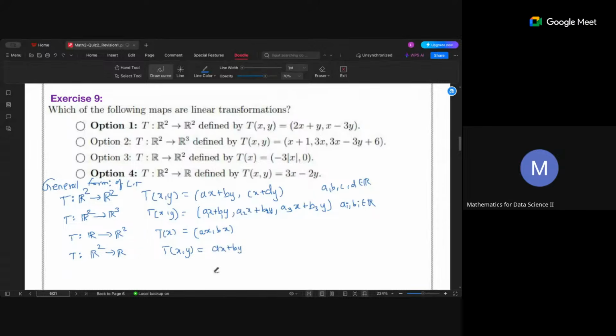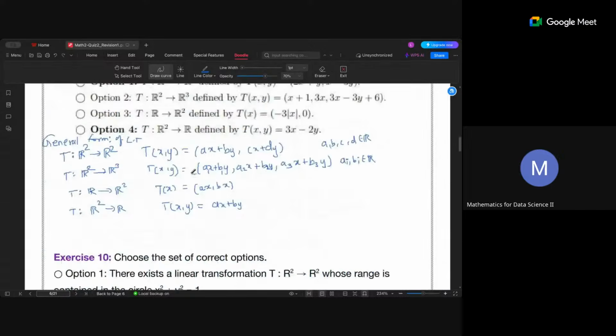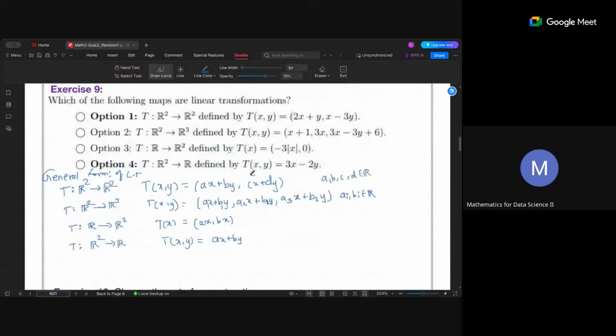Okay, so this is the general form for a linear transformation. Once you know this, then whatever is given here, you can just verify. You don't have to look for problems to understand and verify all these conditions. This is a general form. It cannot be anything different from that. With this, can you see whether the first option is of this form? Yes. What about option 2? It is not homogeneous, so it is not in that form.